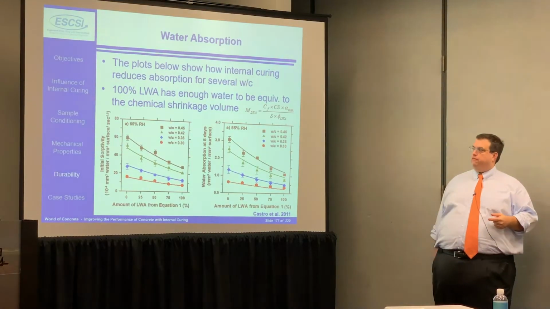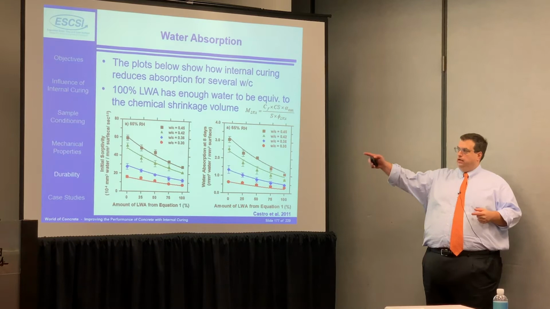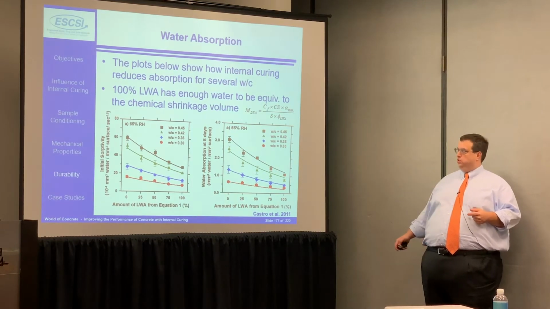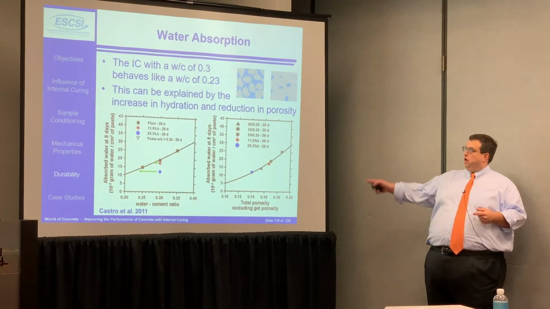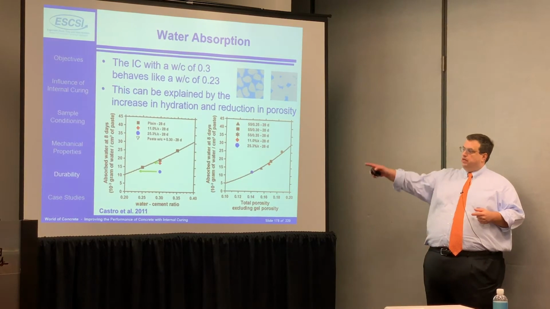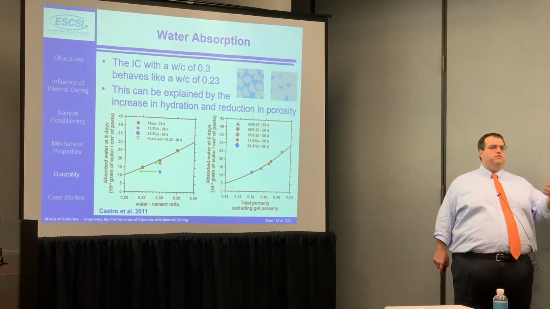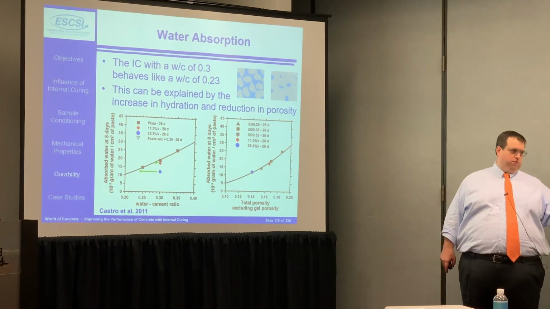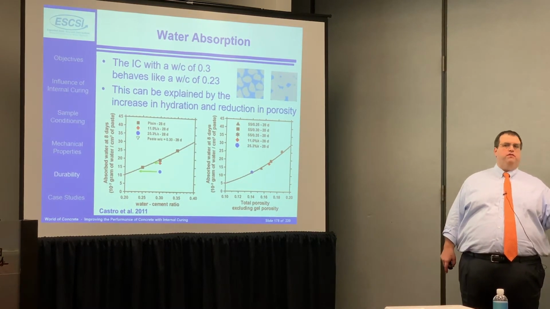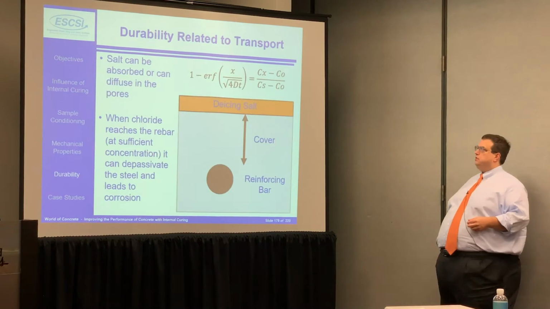So we see about half the sorption over a wide range of water to cement ratios in these systems. All right, here you can see a plot. The basic takeaway is the 0.30 water to cement ratio behaves like a 0.23 water to cement ratio when you look at this. So behaving much better than you would expect.